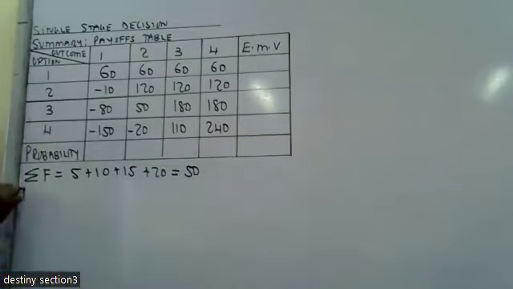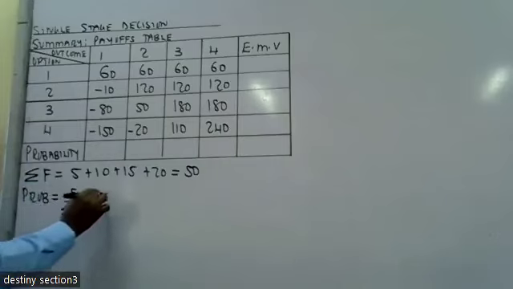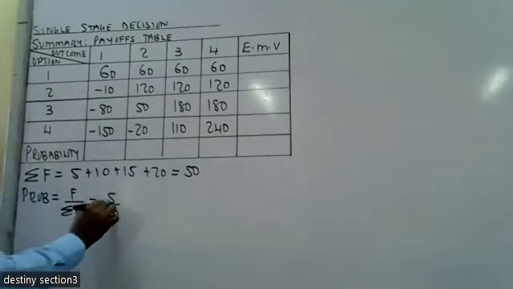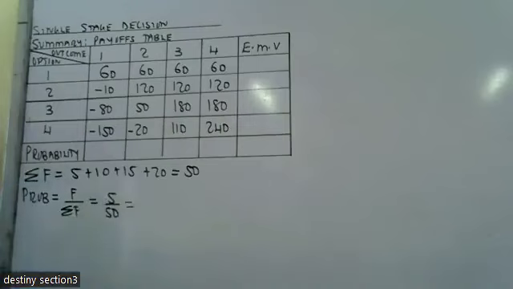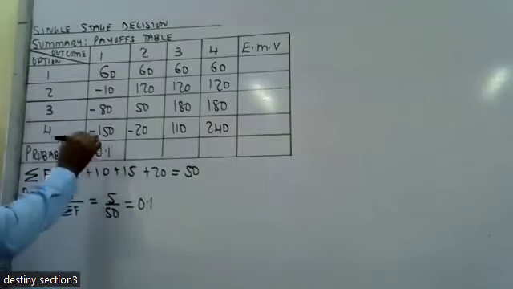So if you want to get the probability, is usually given as F, you divide by the sum of F. Like here, kwanza, it is 5 divided by 50. That gives us 0.1. So hiyo 0.1 ndio tunaandika hapa.